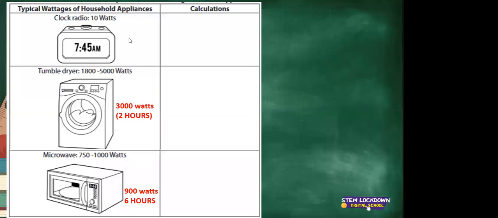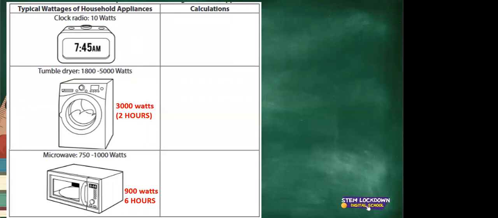All right, so firstly, we were talking about watts, and watts are how we measure appliances and how much energy appliances use up. The examples that I gave you were an alarm clock, a tumble dryer, and a microwave. And we were to calculate how many kilowatts these appliances use up throughout the year.